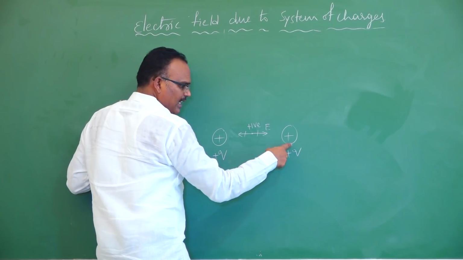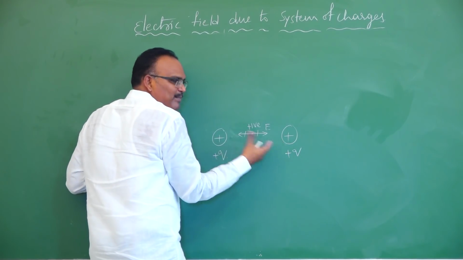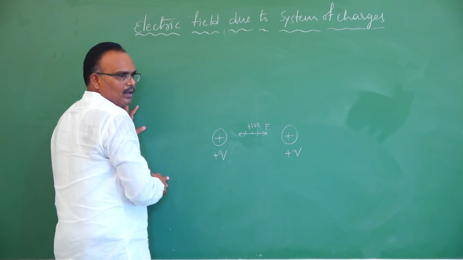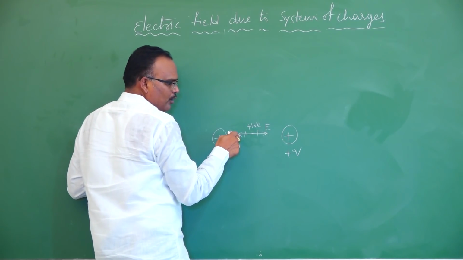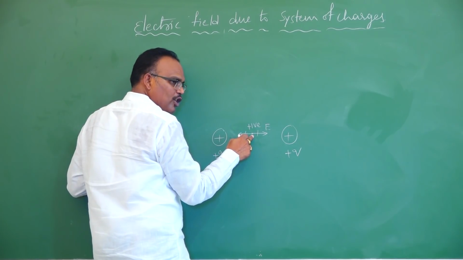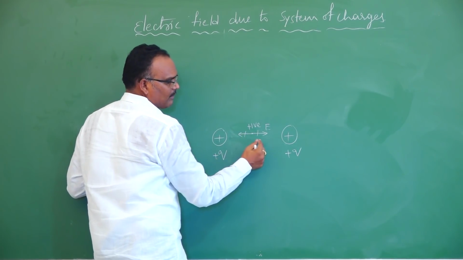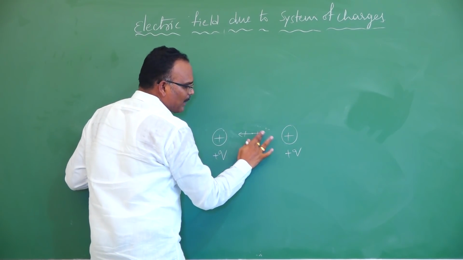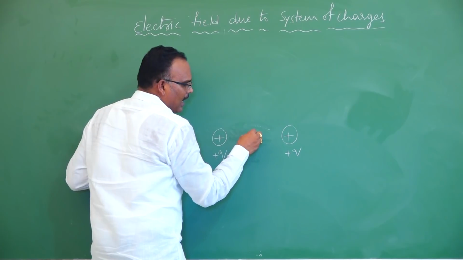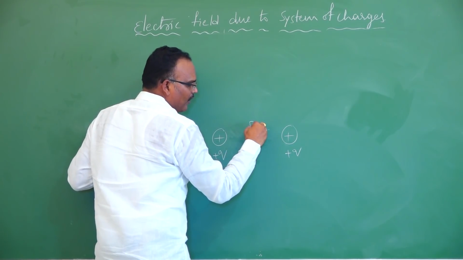Magnitude same, distance same, medium same, everything same. So the electric fields are equal in magnitude but opposite in direction, so they cancel. That's why at the midpoint, the electric field is 0.